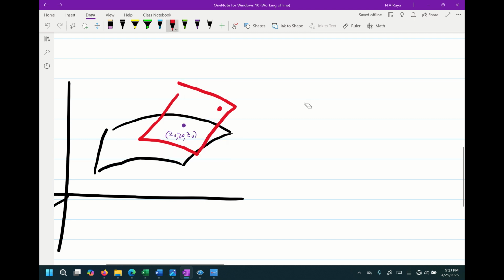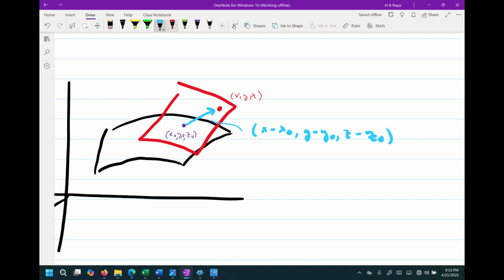So let's say that point has general coordinates x, y, z. If you were considering the vector that connects these two points, this vector can be considered the vector x minus x naught, y minus y naught, z minus z naught.